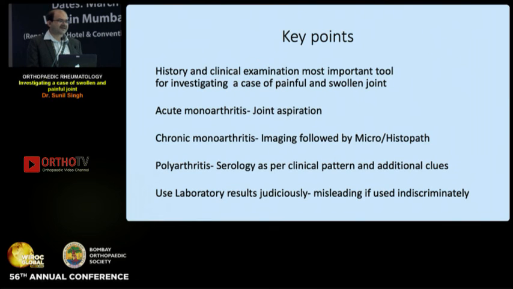For polyarthritis, serology dominantly based on the clinical pattern and the presence of additional clues. And I would emphasize again that the laboratory has to be used very judiciously. Otherwise, it can be very misleading if used indiscriminately and can confuse both the patient as well as the doctor.